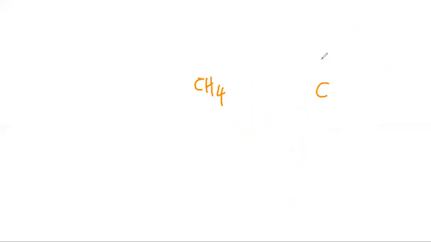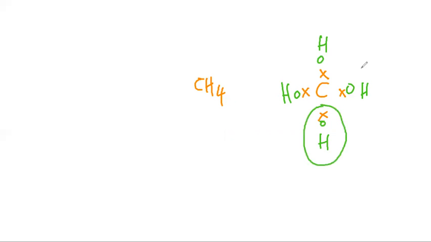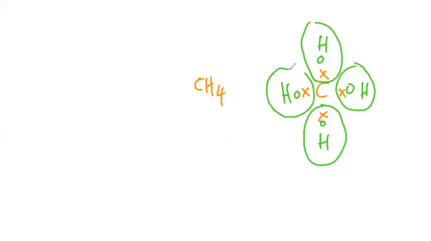Next example is CH4, which is methane. 1, 2, 3, 4. Why 4? Because carbon is in group 4. And then you have 1, 2, 3, 4 hydrogens. And then you have 8.